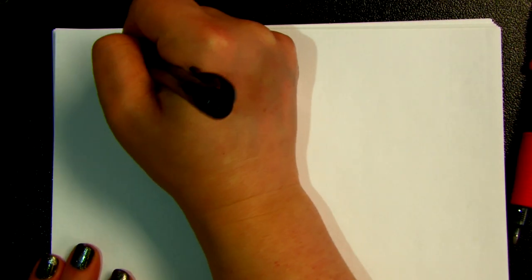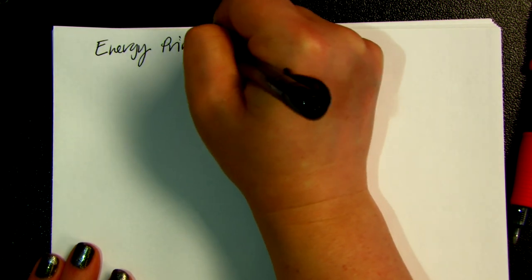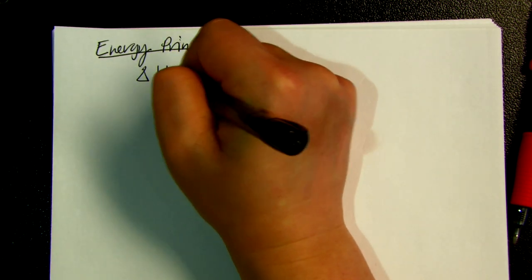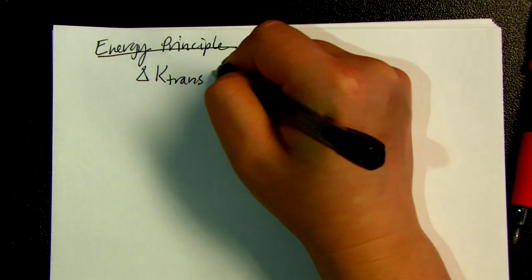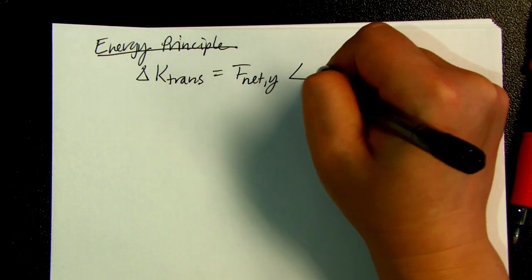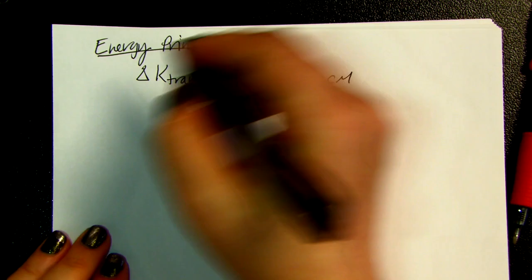Okay, so taking what we know, let's apply the energy principle to our point particle model. So we have the change of translational kinetic energy is equal to F net y delta y of the center of mass.